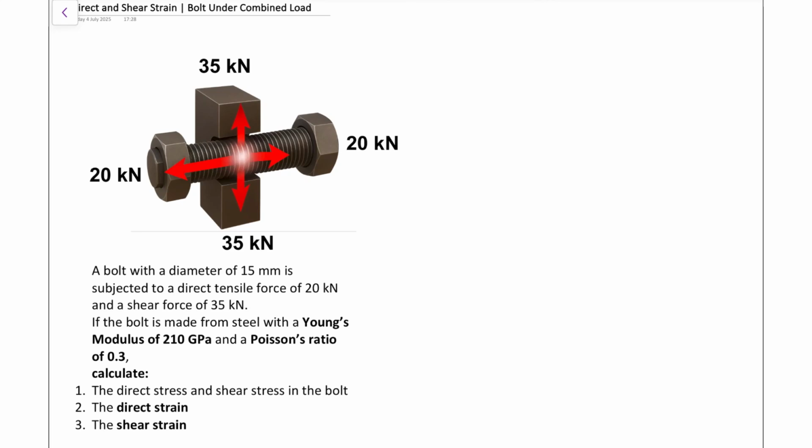So for this video, we're going to calculate the shear strain and the direct strain. If you can recall, in the previous video, we calculated our shear stress, and what we got for that was 113.2 megapascal.